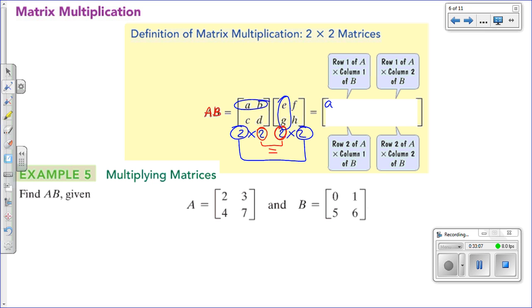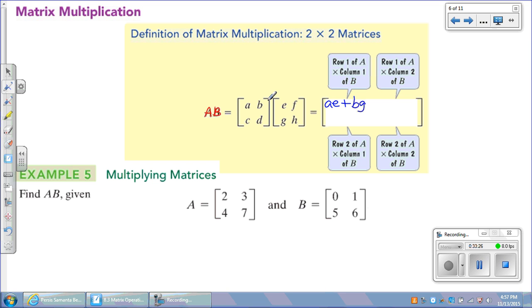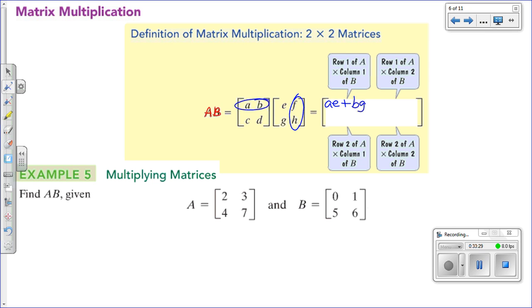So A times E plus B times G. After that, we will multiply the first row times the second column, and so that will be A times F plus B times H. And that will go in the first row, second column.